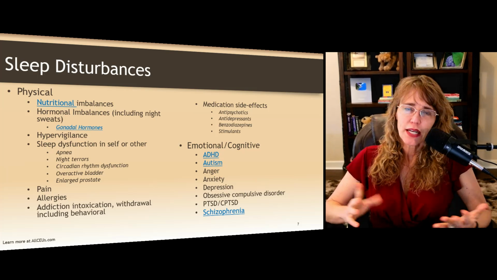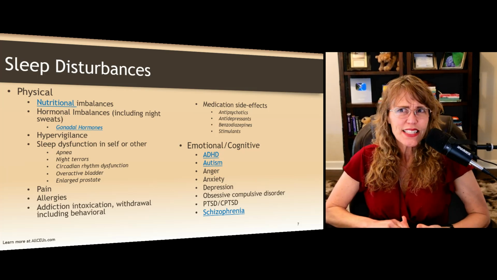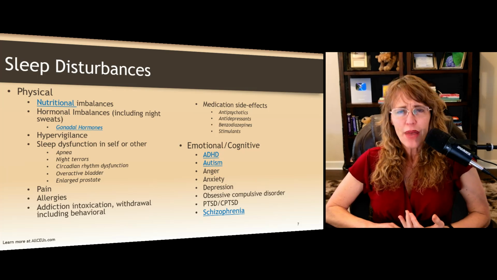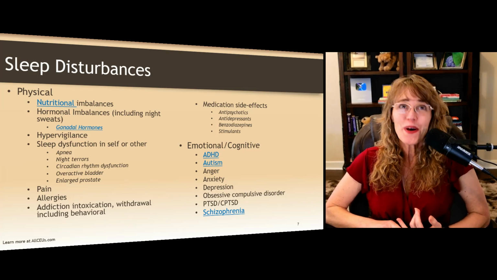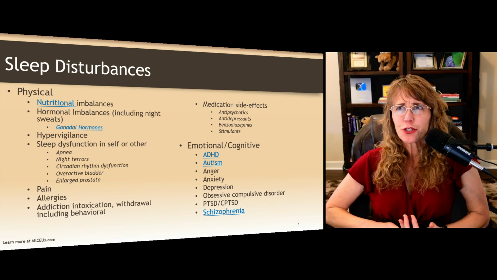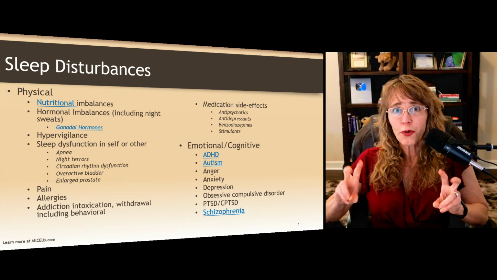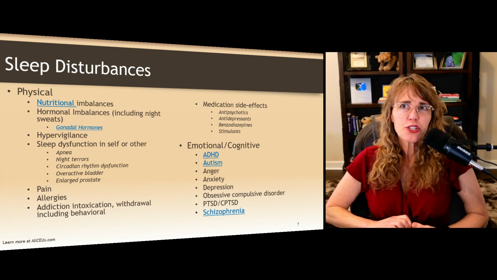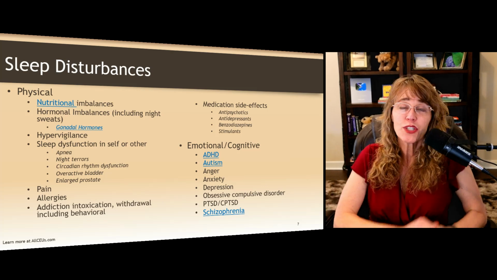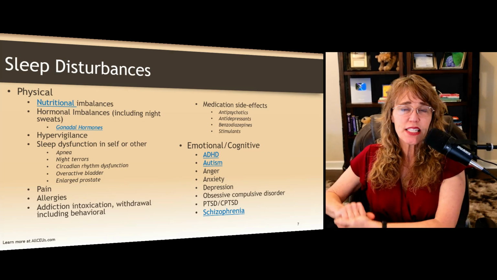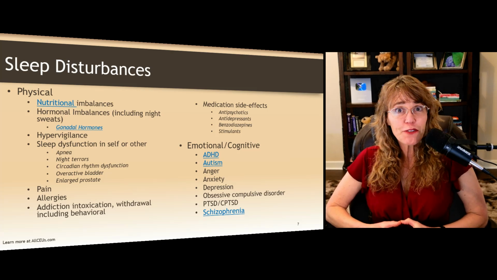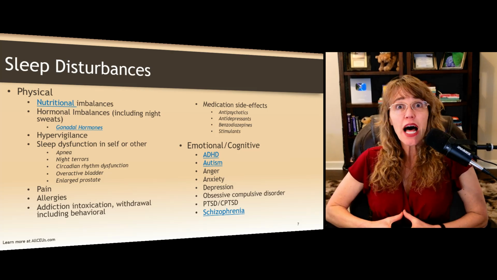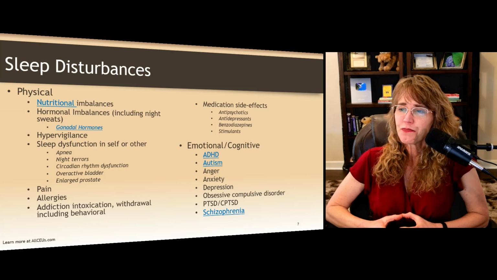Depression. Well, when you're depressed, many times your serotonin is low. Your norepinephrine may be low. Many times when you're depressed, you're not doing your, quote, normal activities, which means your circadian rhythms are getting out of whack, which will make it harder to get to sleep and get good quality sleep. Obsessive compulsive disorder keeps a lot of people from getting to sleep.